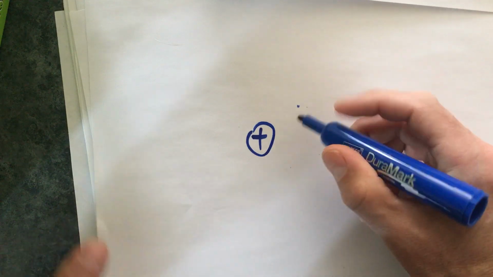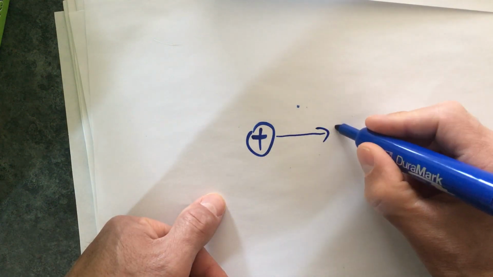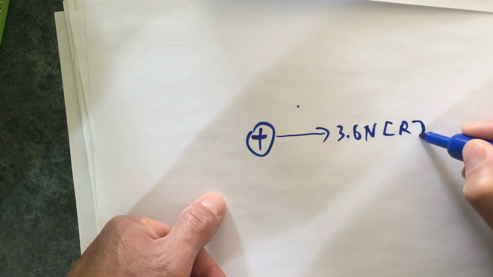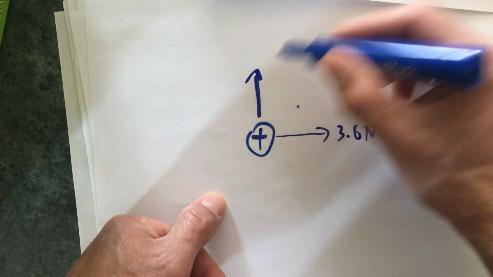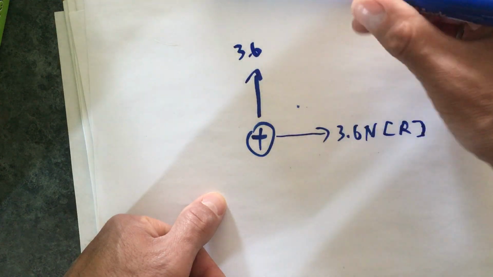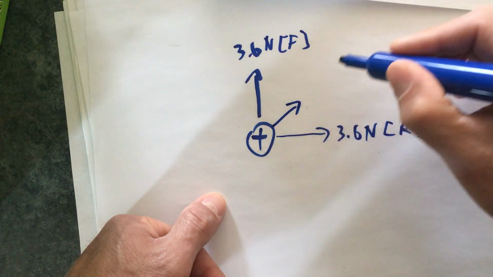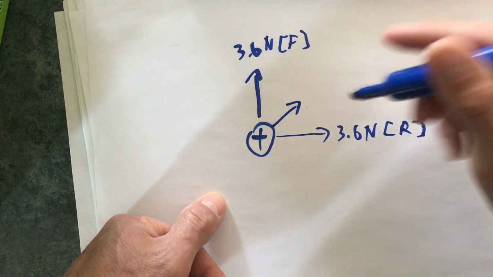So I'm going to further update my diagram. On this charge, I've got 3.6 newtons to the right, 3.6 newtons forward, and 1.8 newtons.